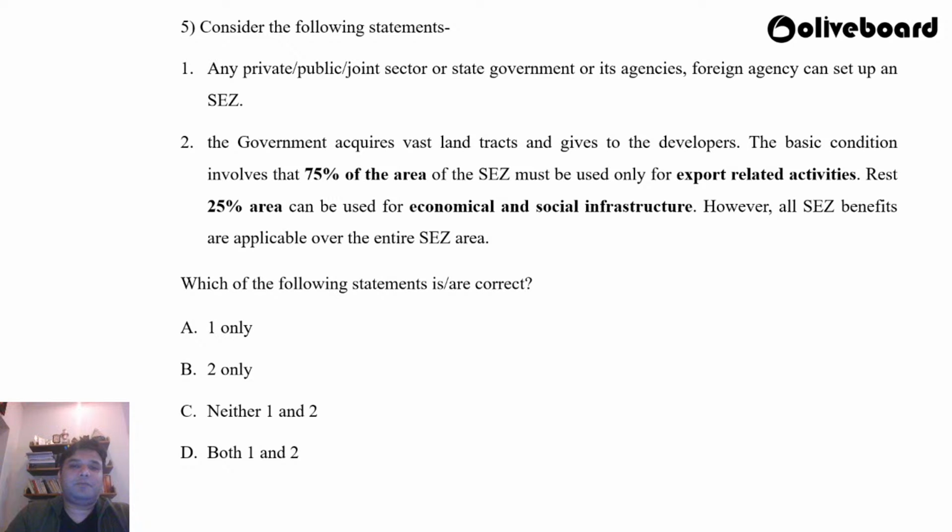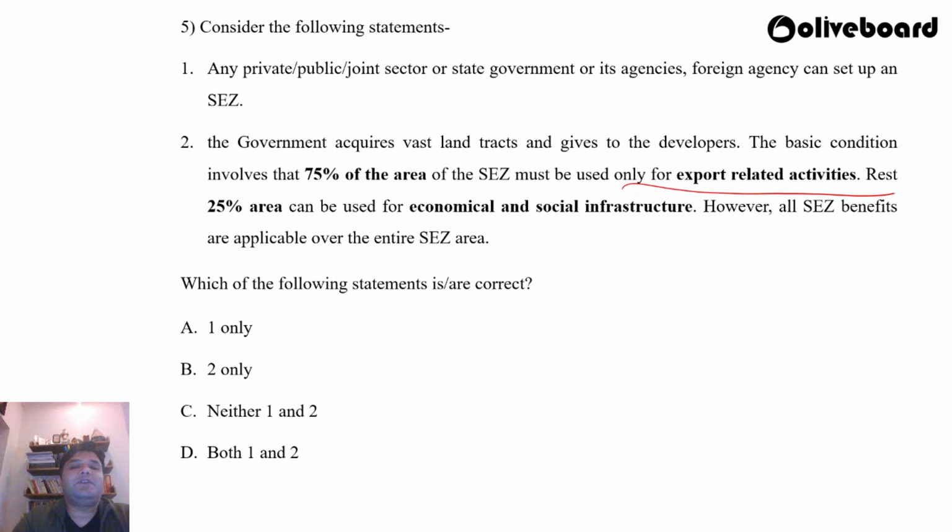Question number 5. Consider the following statements. Statement 1. Any private, public, joint sector or state government or its agencies, foreign agency can be set up as an SEZ. Statement number 2. The government acquires vast land tracts and gives to the developers. The basic condition involves that 75% of the area of SEZ must be used only for export related activities.